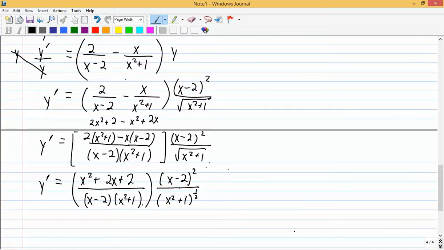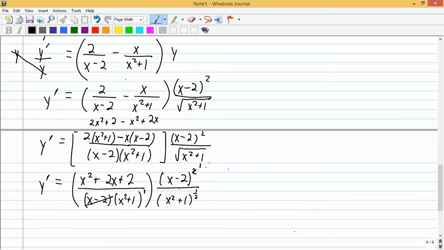And I purposefully did not multiply anything in because now that we have simplified as much as we can with the algebra, notice there are a couple things that we're going to be able to put together or cancel out here. This x minus 2 is going to cancel one of these x minus 2's out. So that's just going to become to the first power. And then whenever I multiply this x squared plus 1 in, that's the same as this term.